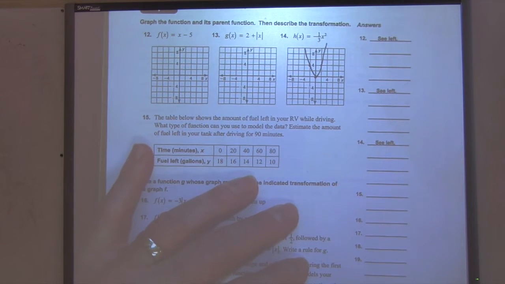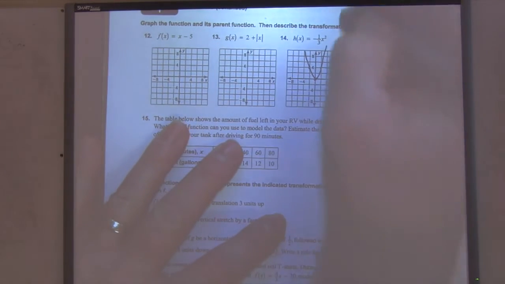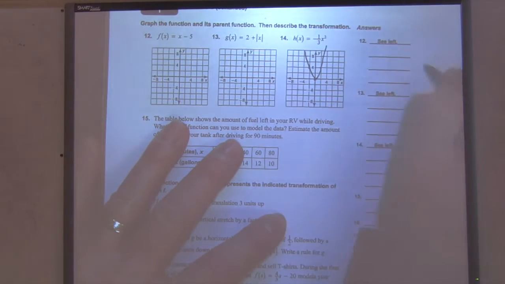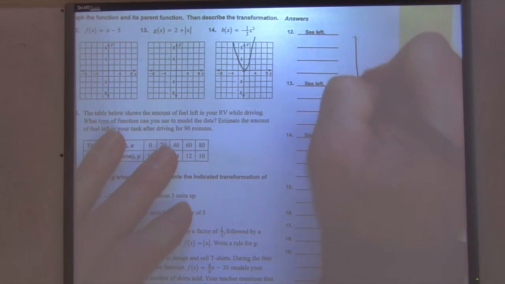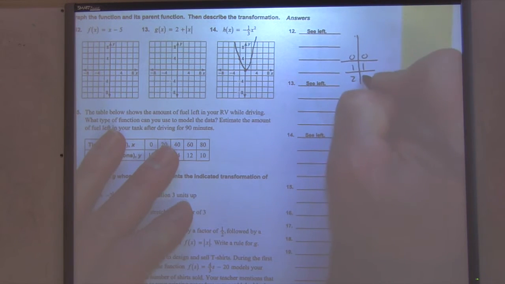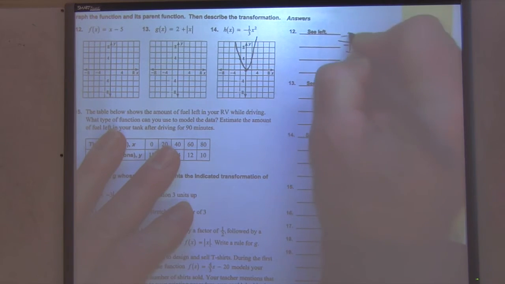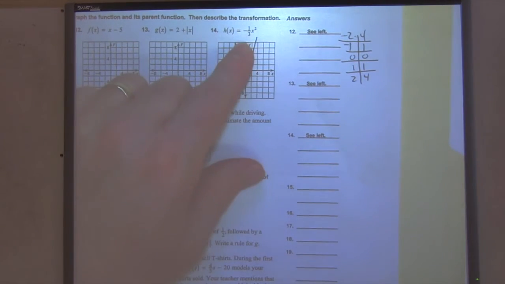Okay? Then we have a negative 1/3. Well, the negative sign tells me it's going to flip over. So if I went to my chart that we had for the parent function, it was 0, 0, 1, 1, 2, 4, negative 1, 1, negative 2, 4. Now I'm going to do it with this.